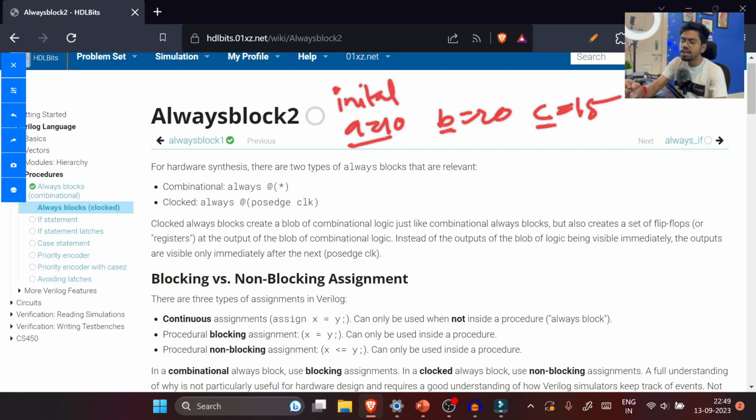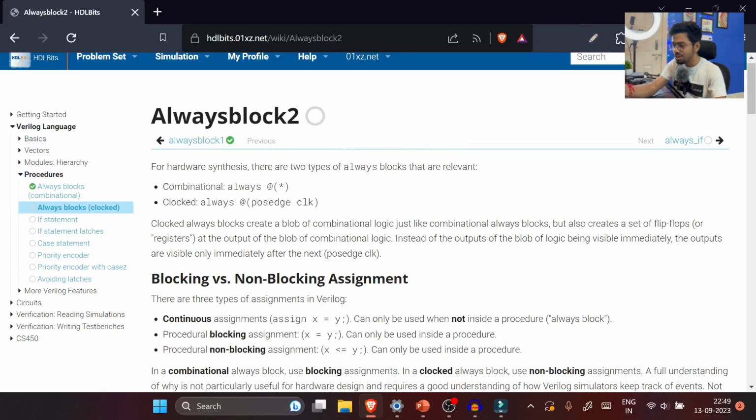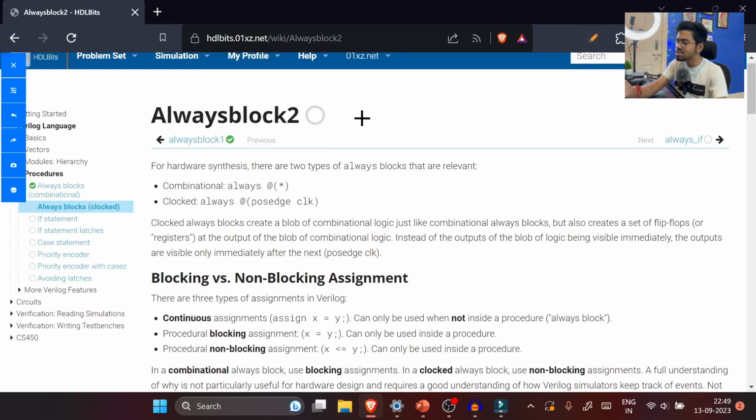Before that, I need to declare what A, B, C are. If I write assign here, I can't write it inside the initial block because it's a procedural block. It's wrong. So I need to cut my assign statement, and everything will become reg. I am just repeating the same thing to embed the theory. Let's not deviate from our topic.